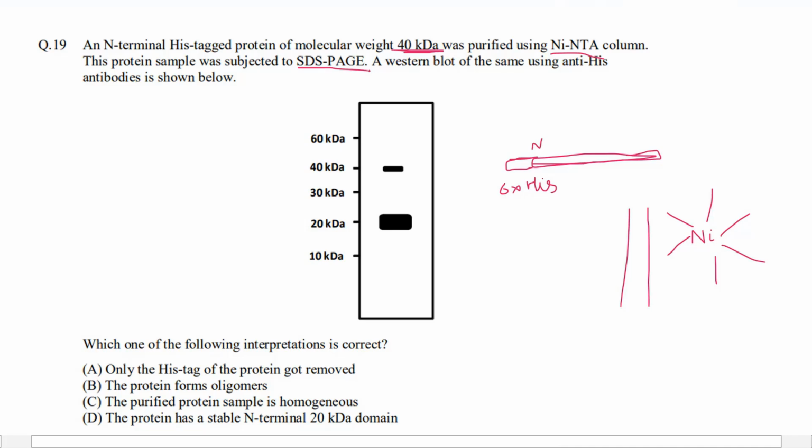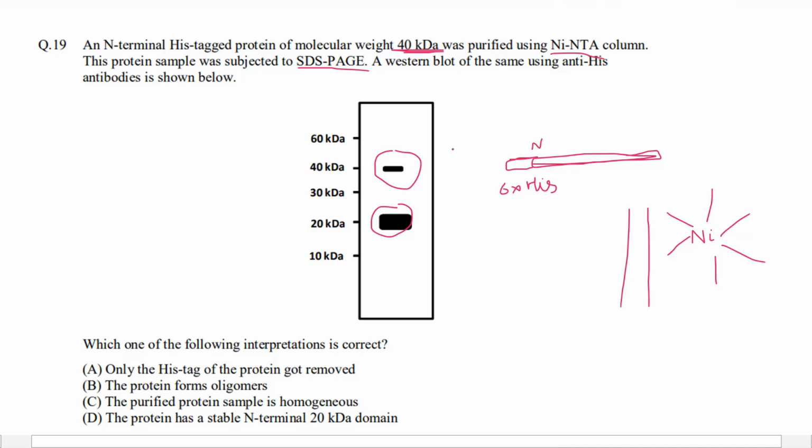A Western blot of the same using anti-His antibodies is shown. Here you can see there is a band at 40 kilodalton and also a band at 20 kilodalton. So what does this mean?